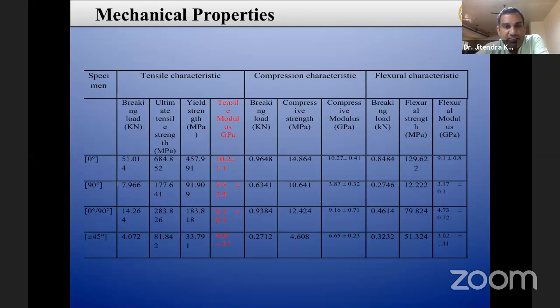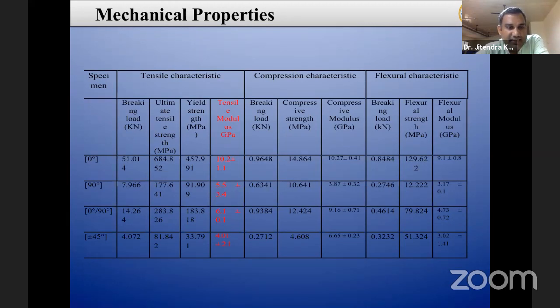The flexural test is basically performed as a 3-point bend test. We observed which one gives the highest tensile strength, highest compressive strength, and flexural strength.